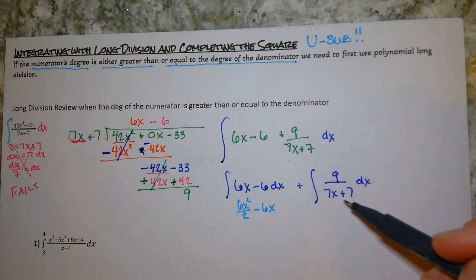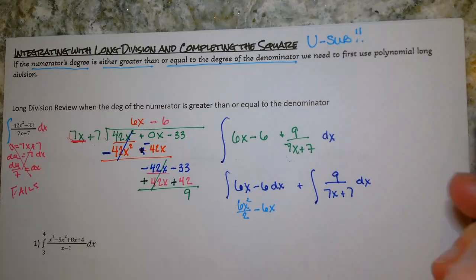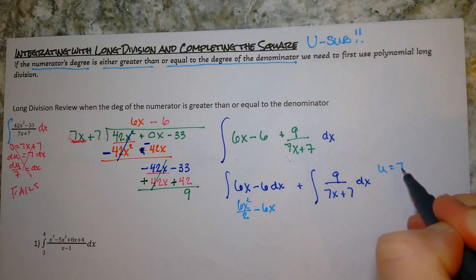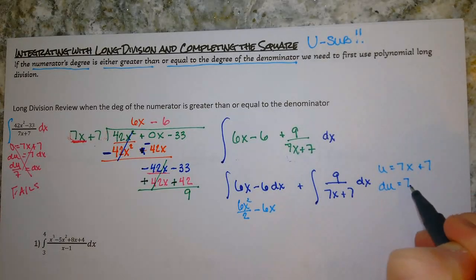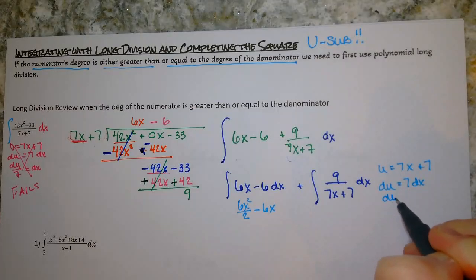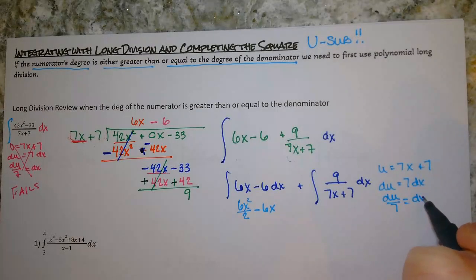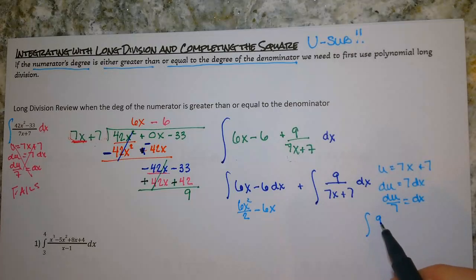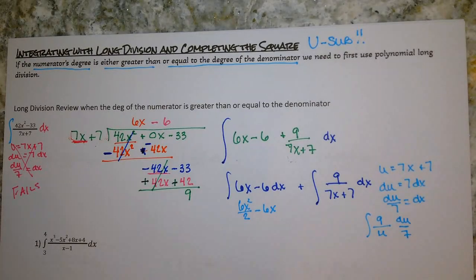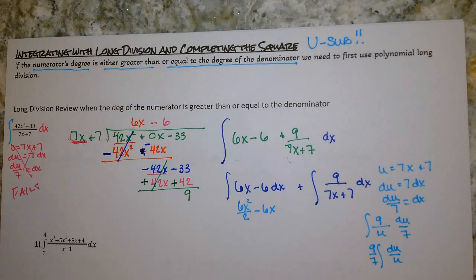Now this side needs a u-sub because I don't know its derivative off the top of my head. So u is 7x plus 7, du is 7 dx, and I get du over 7 equals dx. So I'm going to take my time and integrate this now. I have 9, this became a u, and this is du over 7. So I have 9/7 du over u. Now your brain's saying, oh, that's somebody I know.